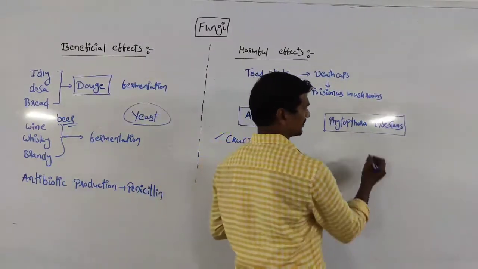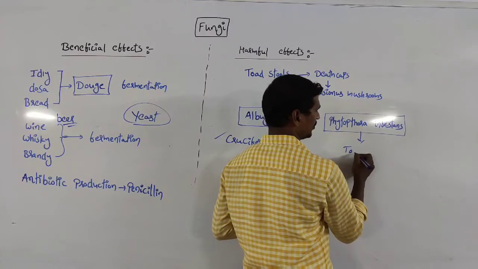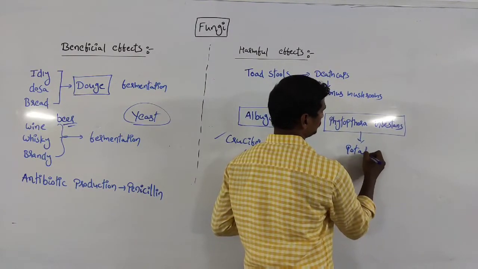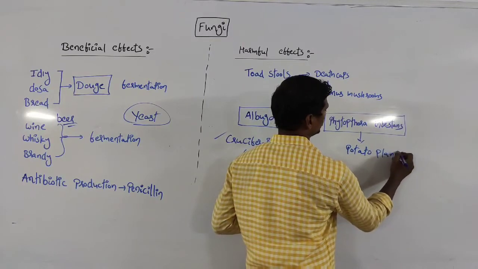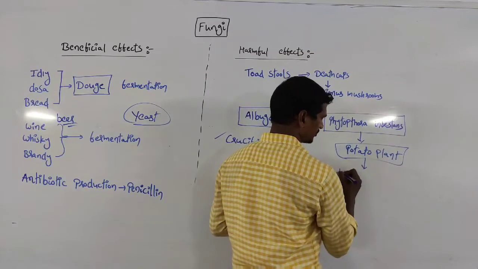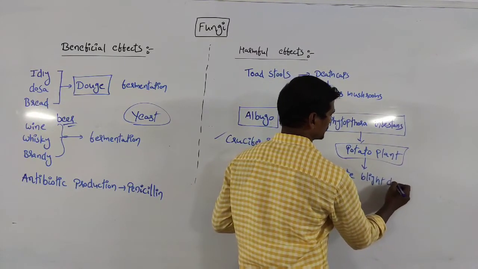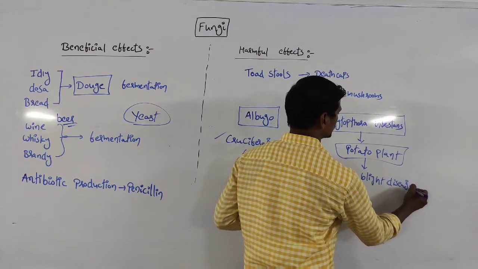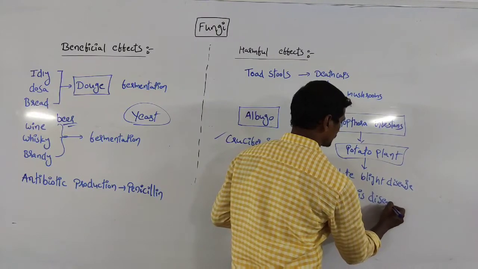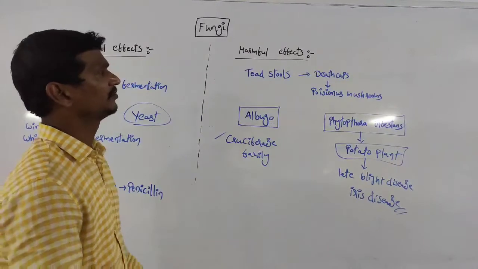And Phytophthora infestans especially attacks the potato plant and causes late blight disease. This is also called Irish famine disease, right? So those are some of the harmful effects.